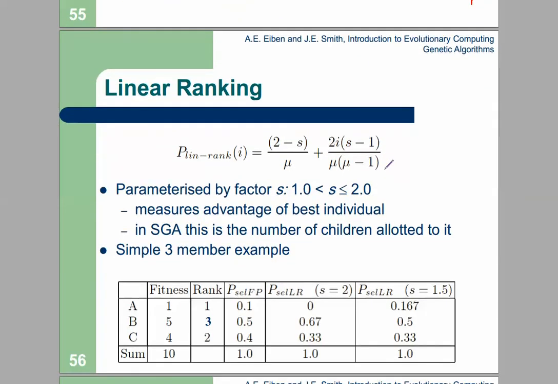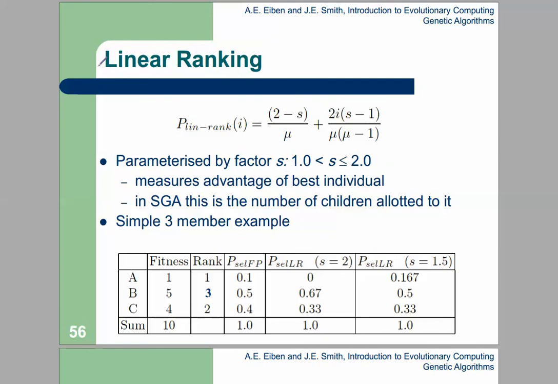We have some rank selections. The first is linear selection, and we have a parameter s between 1 and 2.